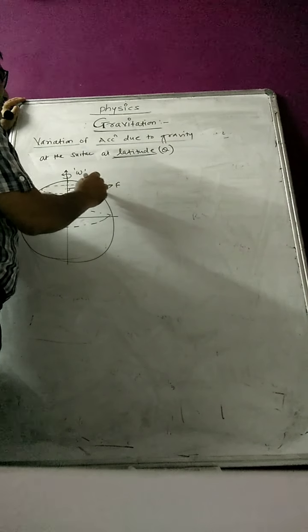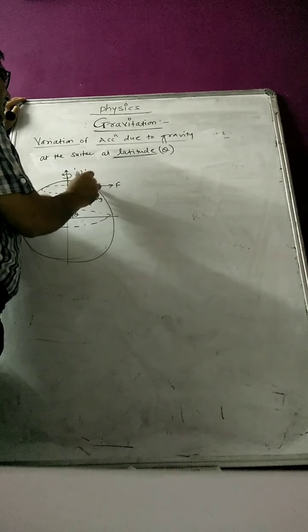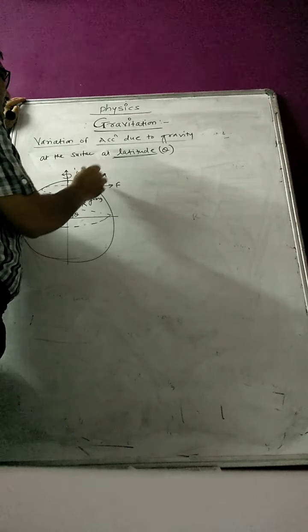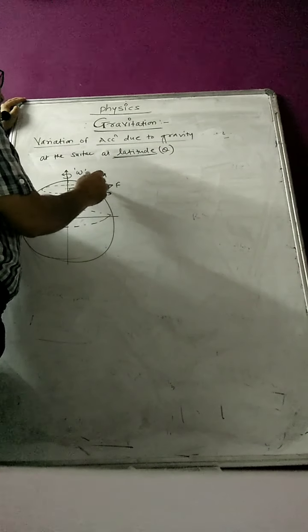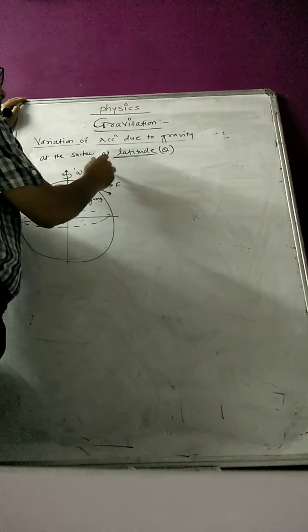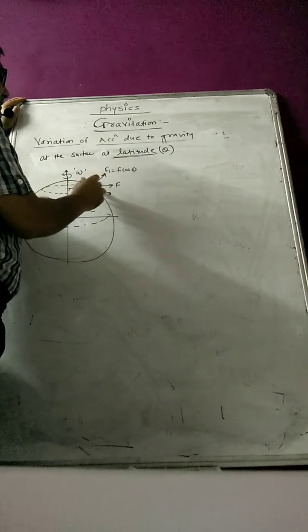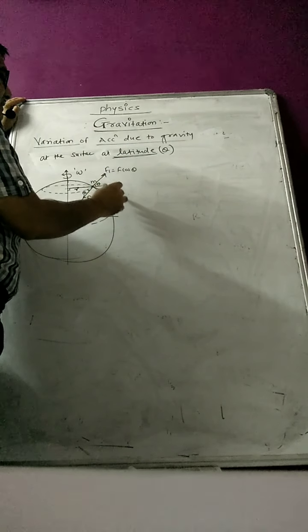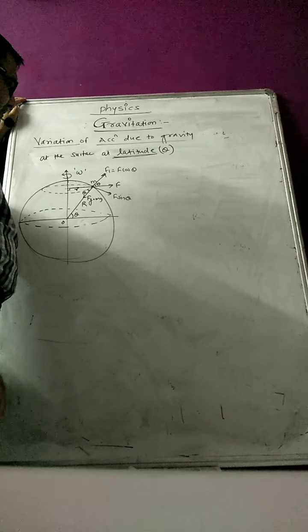The centrifugal force F is divided into two components, perpendicular to each other. If this is theta, this is also theta, so therefore this is F cos theta and this is F sin theta. I'll write down all these things and explain them.